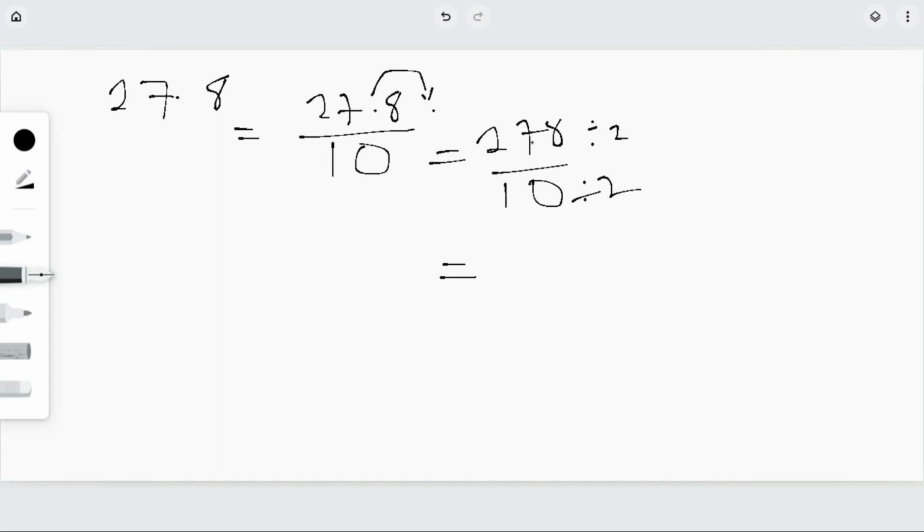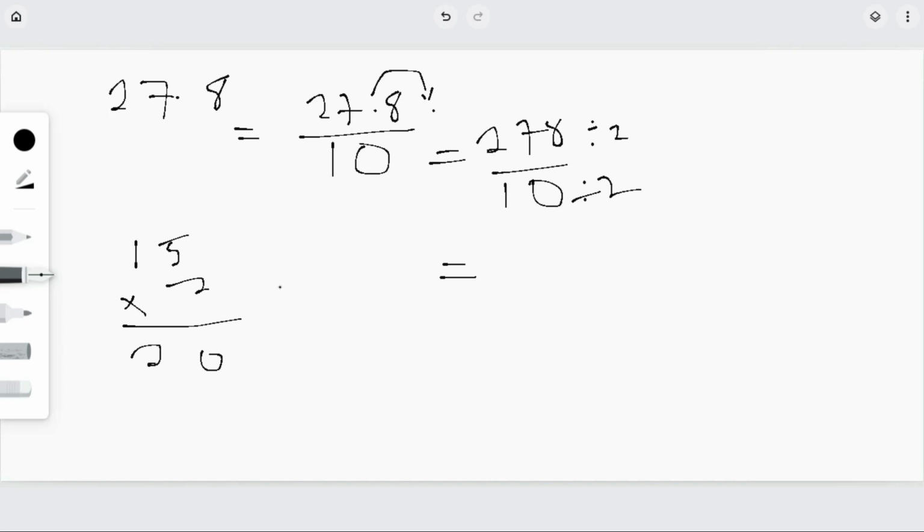Let's choose a number, like 15. So 2 times 15: 2 times 5 is 10, 2 times 1 is 2. We have 20 here.